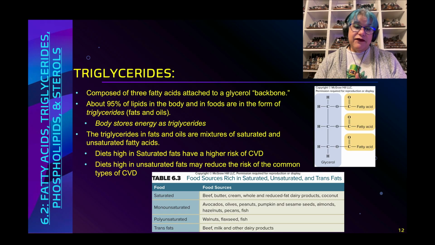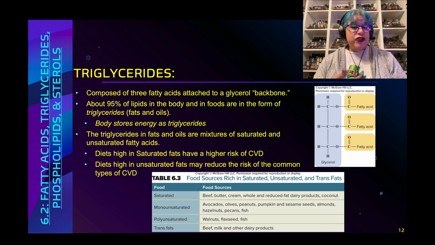The triglycerides in fats and oils are mixtures of saturated and unsaturated fatty acids. So these chains may be saturated, they may be unsaturated. Diets high in saturated fats, the ones with all of the hydrogens, actually have a higher risk of cardiovascular disease. It's worse for your health to consume those.